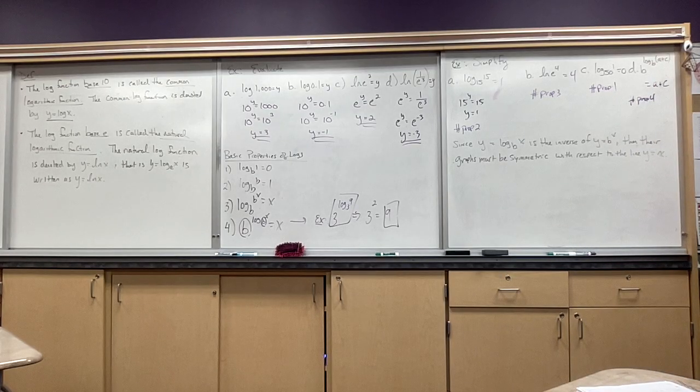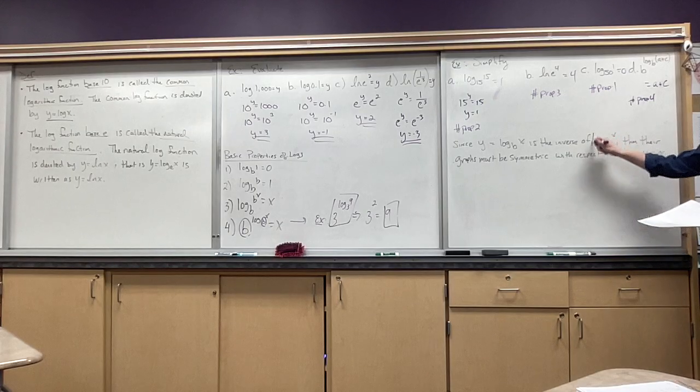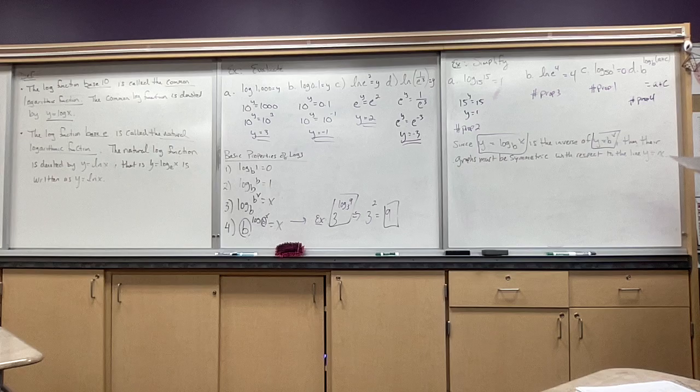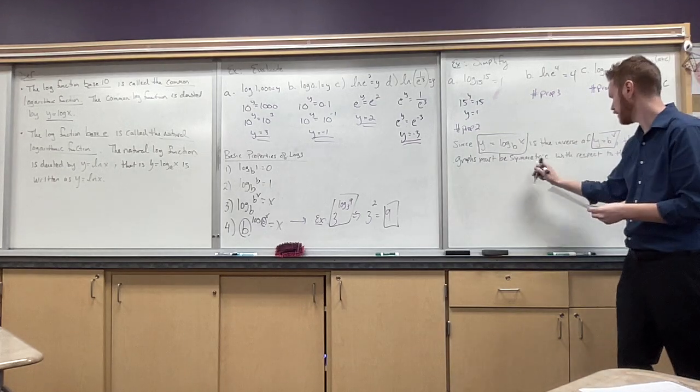Just like we saw with inverses in the past, since these are inverses of each other, they must be symmetric to that line y equals x. So let's just draw a little generic graph underneath it.